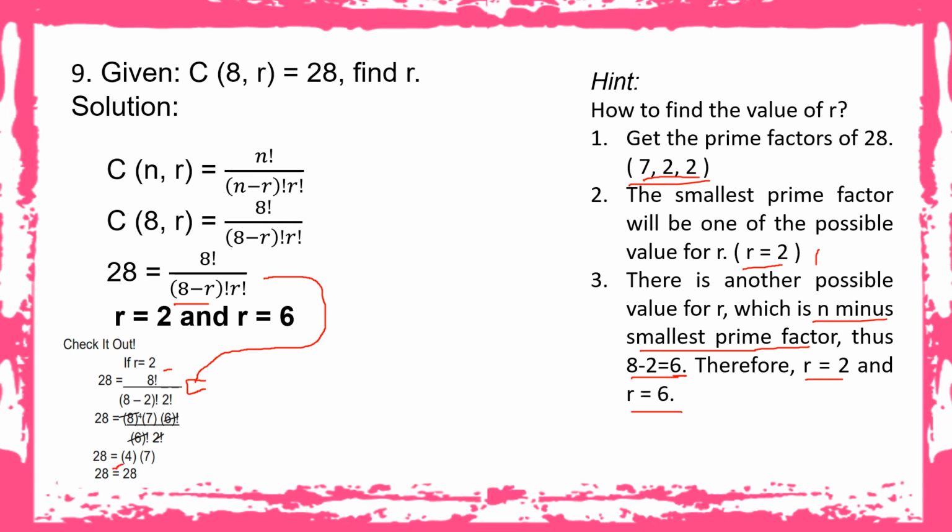So correct. r is equal to 2. And for the value of r equal to 6, again, substitute here the value of r. So this is also correct. So the final answer is r is equal to 2, and r is equal to 6.